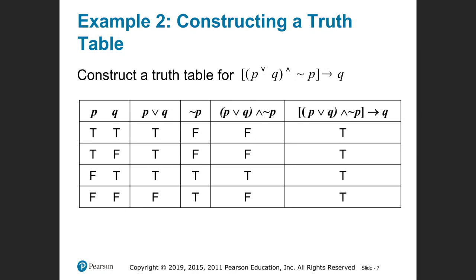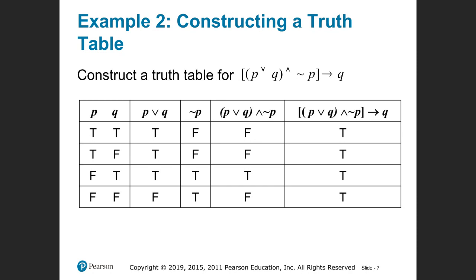We have P or Q inside parentheses and not P. So looking at columns 2 and 3, we see that the and is only true if both are true, which is our third row down. We're just about ready to do the last part.